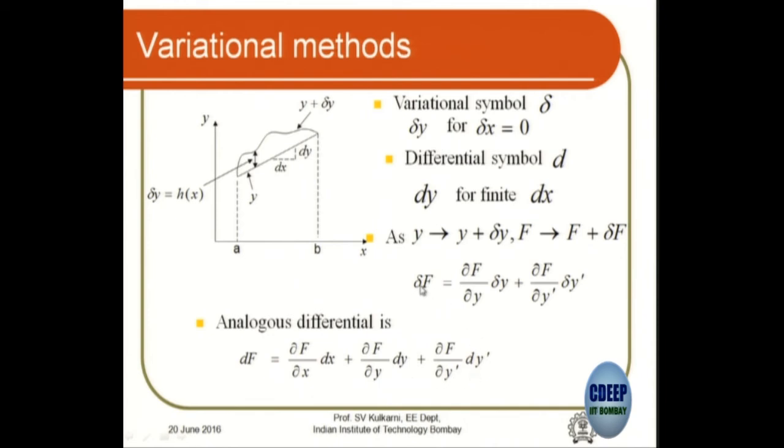But del f will not have this term, because there is no variation in x, right? So effectively, as I have said, you are varying this potential as a function of x, with boundary conditions the same.